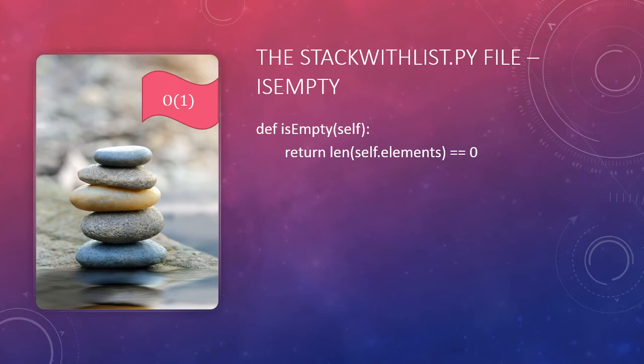People might ask, how is the len function for a list O(1)? Because people might say that if a list has n elements, then we will have to go through the list to count the number of elements, and that would be O(n). But this is not how a compiler or an interpreter works. When a compiler or an interpreter creates a data structure, it stores the number of elements inside the data structure in a variable.